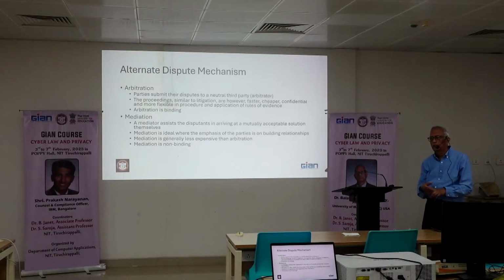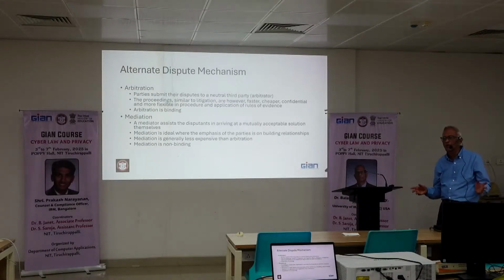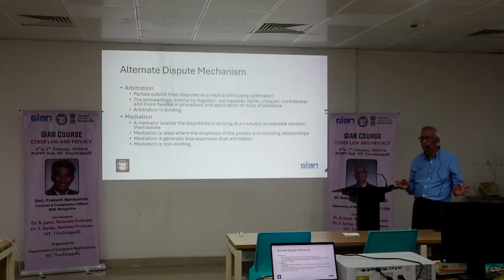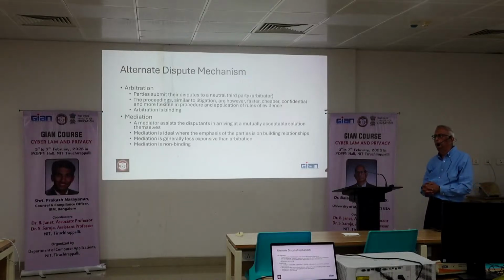A lot of times you can resolve this with the vendor or service provider, but small vendors and small service providers may not agree to it. Things like Amazon or Flipkart can do that, but if you buy from third parties, they may not agree. They say you misused it. But usually online, they're all very nice.